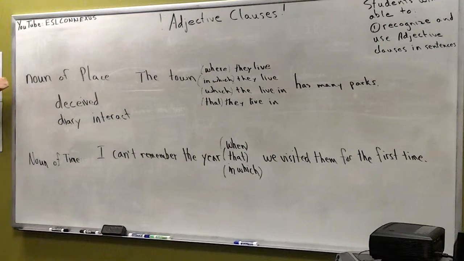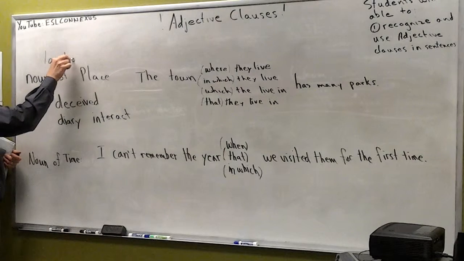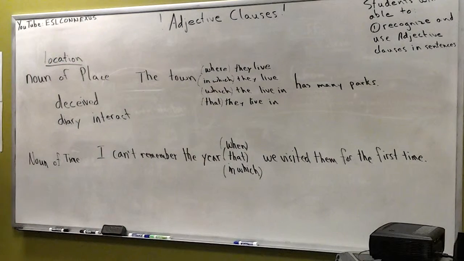We have a noun of place. Now listen, it is a little different than just describing a place or a thing. Here's why. When you're talking about a noun of place, you're specifically focusing on its location. Yeah, its location. Alright? So I put the example up here. Let's see, Francisco, will you read the example?